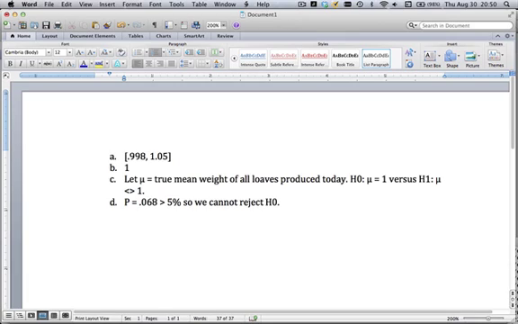So note that 1 is part of that confidence interval, indicating that we cannot really reject the possibility that 1 really is the mean. So you can either use the confidence interval approach or the p-value approach. What error, if any, might you have committed? Okay, well, this could be a false negative since we've not rejected the null hypothesis. So that's problem 9 in chapter 10.